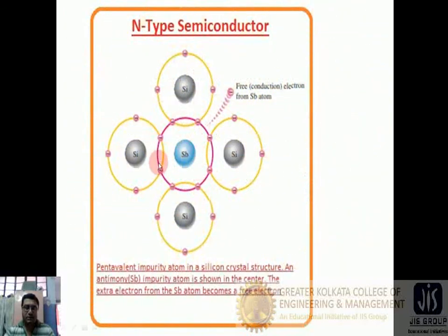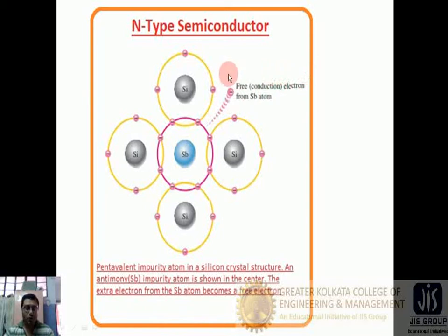Here we take antimony as an example, which shares electrons with the side by side silicon atoms and forms covalent bonds, and 1 electron is free and moves to the conduction band of the semiconductor. So in this way the conductivity of the semiconductor is changed.